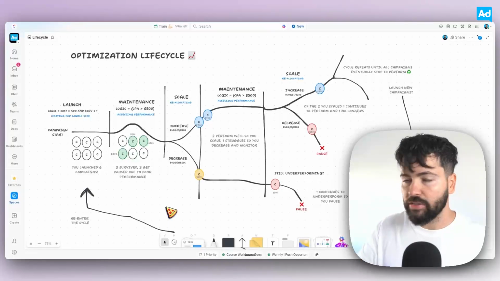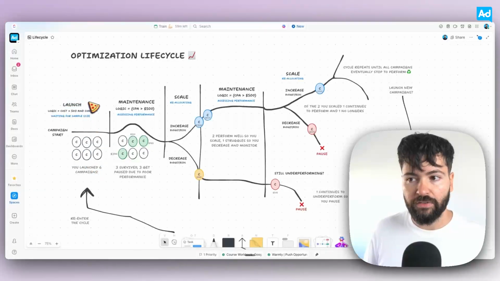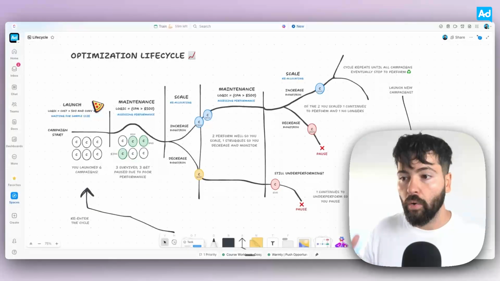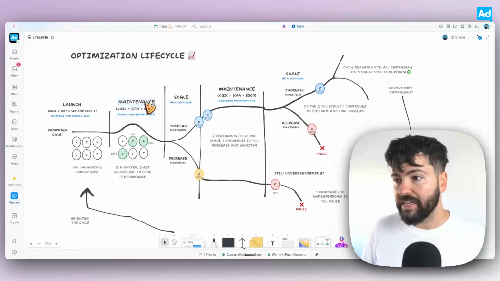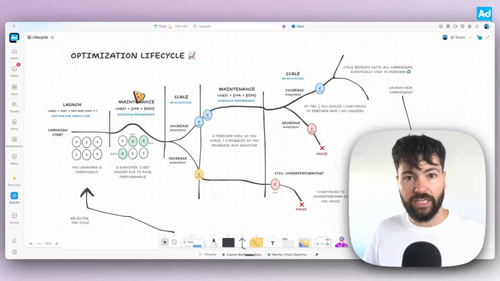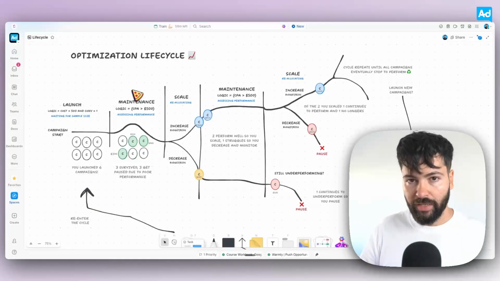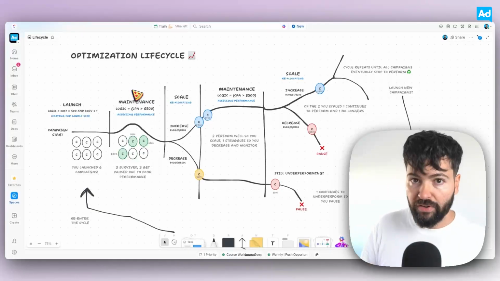Because what this actually looks like in practice is people launch campaigns, they leave their campaigns in the launch phase for way too long because they just don't have the discipline around deciding, hey, this is enough sample size, we're going to move forward or not, or they're just too busy. Or vice versa, they stay in the maintenance phase for way too long because they don't have the amount of ads that they need to refresh and replace the losers in terms of creative refresh.